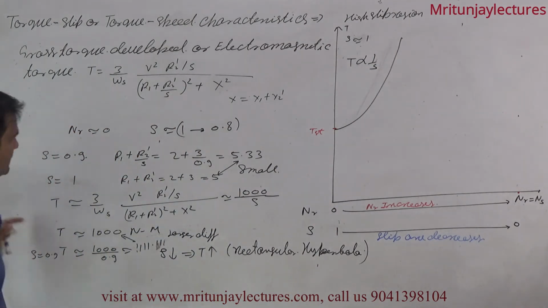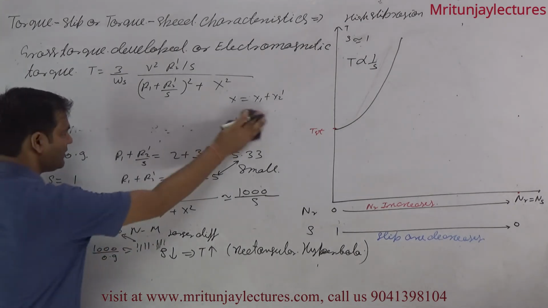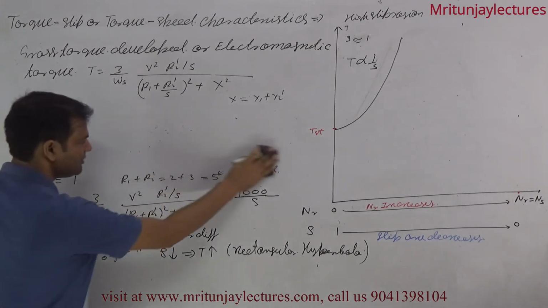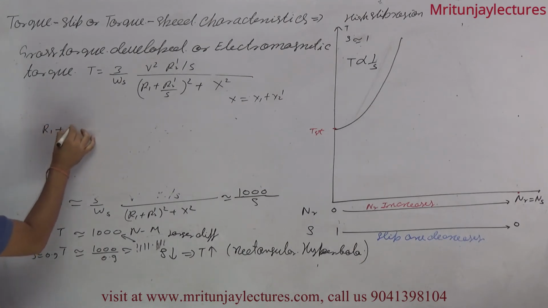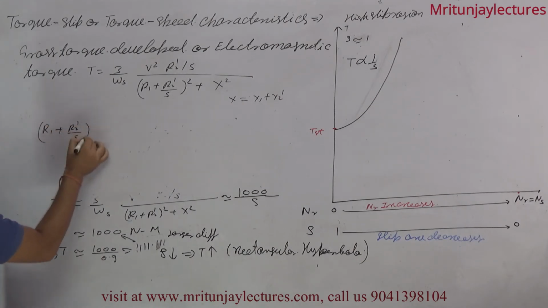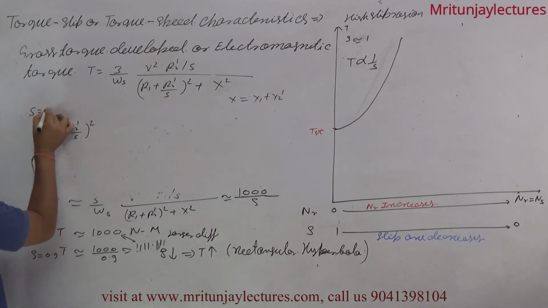Now after that we have discussed the low slip region. Low slip region means ((R1 + R2')/S) the whole squared at S closer to 0.